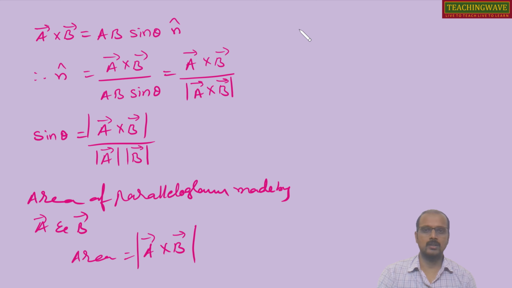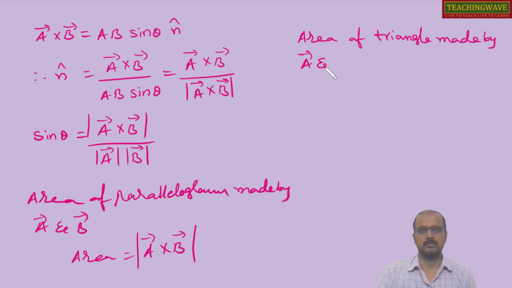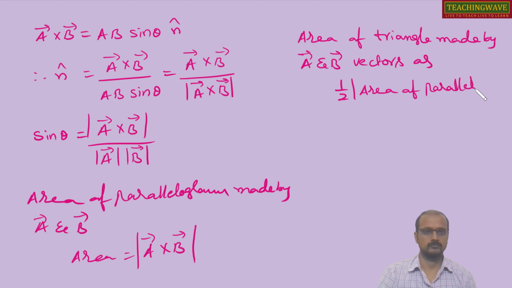In a similar manner, we can also write the area of the triangle made by the a bar and b bar vectors as half of the area of the parallelogram. That means half into the modulus of a bar cross b bar.